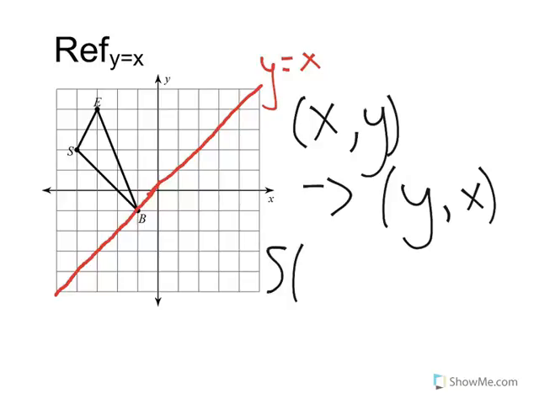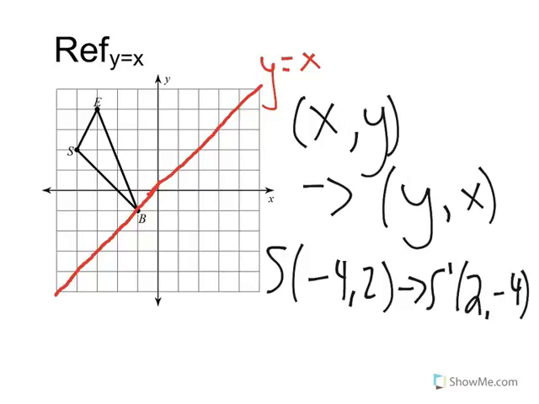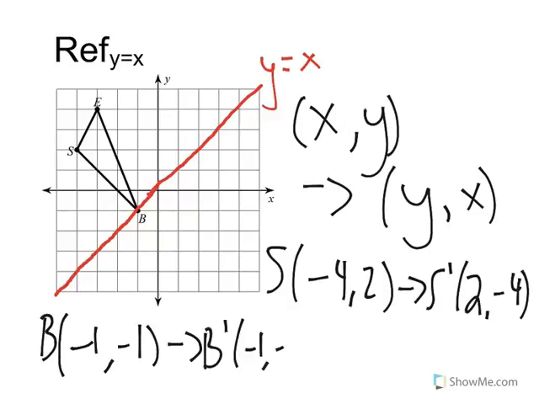So let's write down the points that we have. S is at negative 4, 2. So it'll become 2, negative 4. B is at negative 1, negative 1. So that will become negative 1, negative 1.